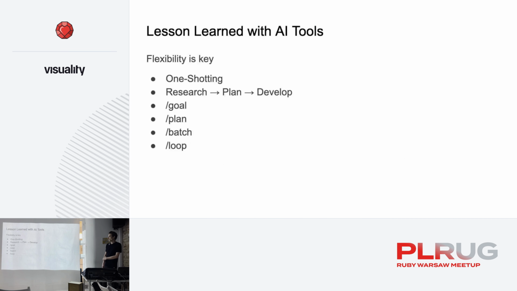So one important lesson I learned creating all of this is that flexibility is key, because there are a lot of different tools that we can use, and we have to be flexible and use different tools to approach our results.